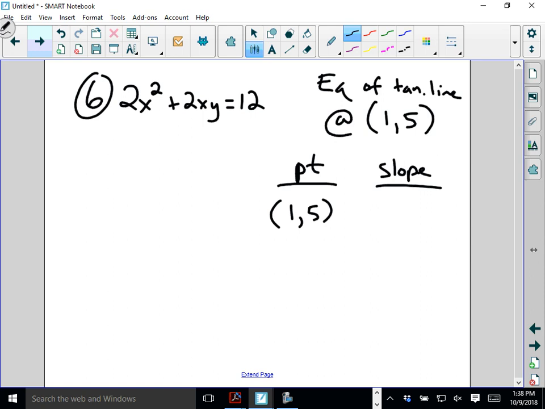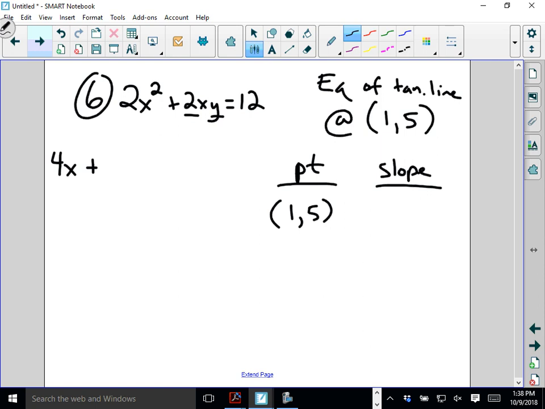Okay? So once again, looking at doing the derivative here, I'm going to see yet again another product rule because of that 2xy. Everything else should be pretty normal. So going ahead and doing the derivative, I'm going to get 4x plus my derivative of 2xy here is my product rule.